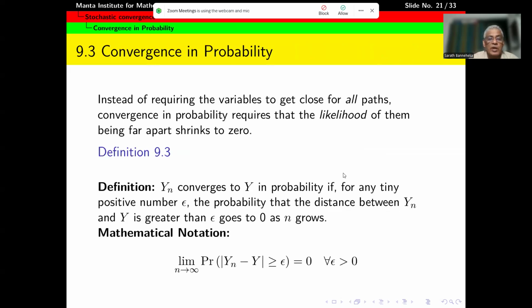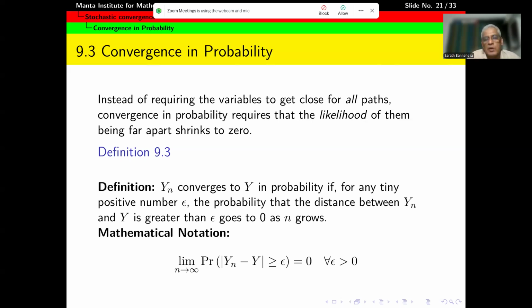But here we are looking at the limit of a certain probability. If you consider a very small positive value epsilon, let's consider the probability that |Y_n minus Y| is greater than or equal to epsilon. For example, the probability that |Y1 minus Y| is greater than or equal to that fixed epsilon.